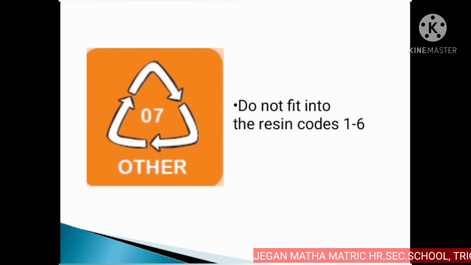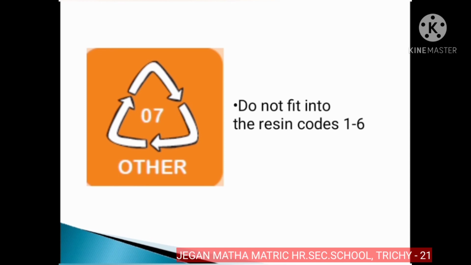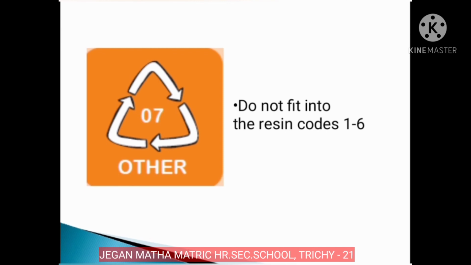Nylon is used in clothes, kites and toothbrush bristles. PU is used in mattresses, foam and shoe soles. This type of plastic does not fit into resin codes 1 to 6. PC and ABS are two of the unsafe plastics and are considered toxic. So this is also unsafe plastic. The other names of resin code 7 are PC, ABS, AC and PU.